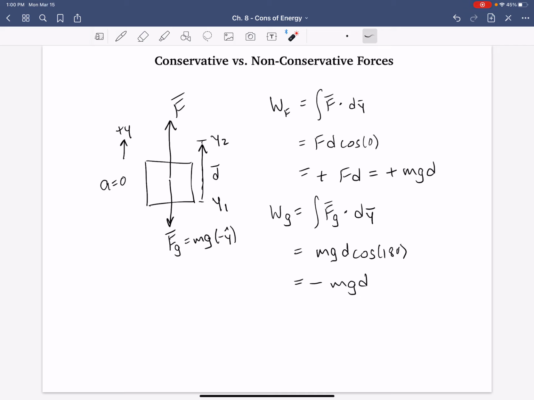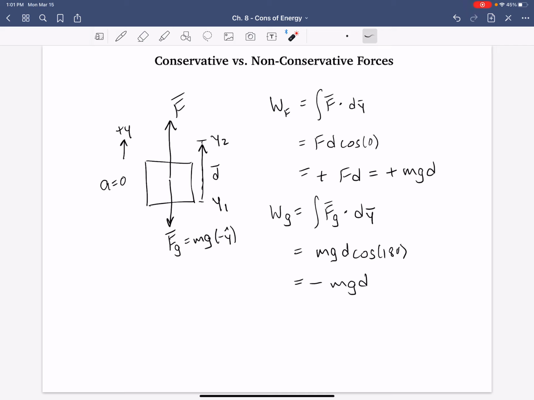Whatever the mass of that object is, whatever planet we're doing this experiment on, the value of gravity doesn't really matter. And regardless of the height that it's changing, these two forces will always be on an object. And so the total work going from some initial to final position will be 0.